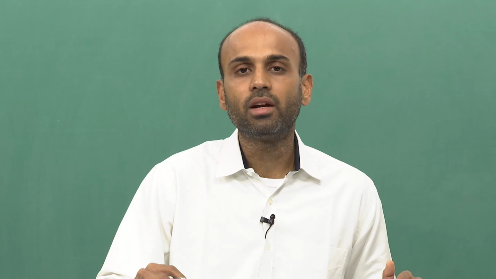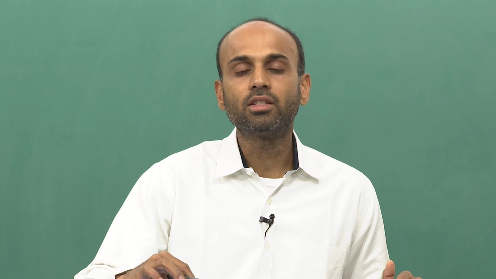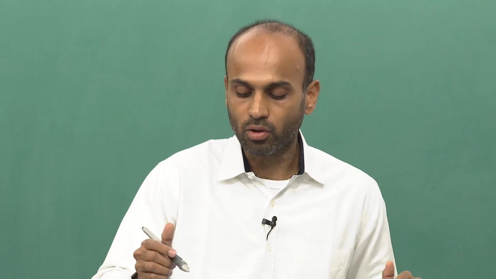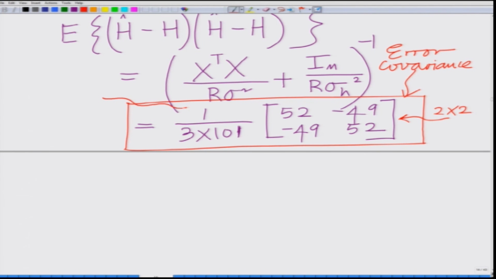So the diagonal elements correspond to the error covariances of each receive antenna. So in general, this is an M cross R matrix. Each element is basically the sum of the error covariances corresponding to each transmit antenna.